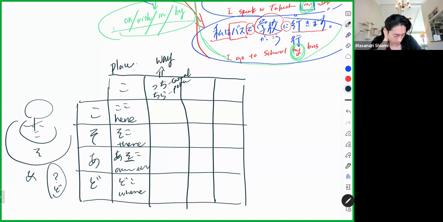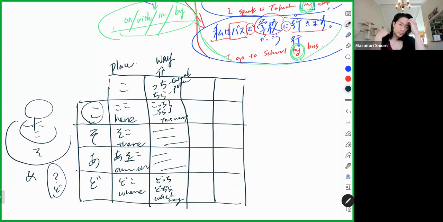So with that, combining with the closest, kochi, kochira, this way, sochi, sochira, that way, achi, achira, that way over there. And then question version, dochi, dochira, which way? It's a literal translation, right? This is what we are using when we want to ask questions. Hey, which one is better, A or B?